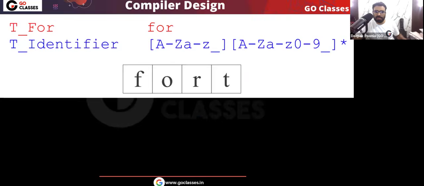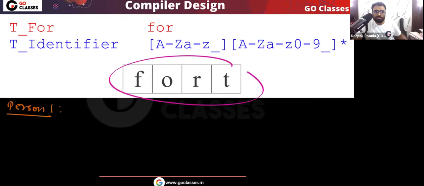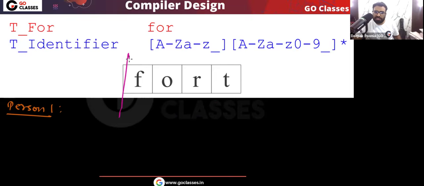Think about it. Maybe person one is thinking that the lexical analyzer will start and read the characters from left to right, character by character, one by one.